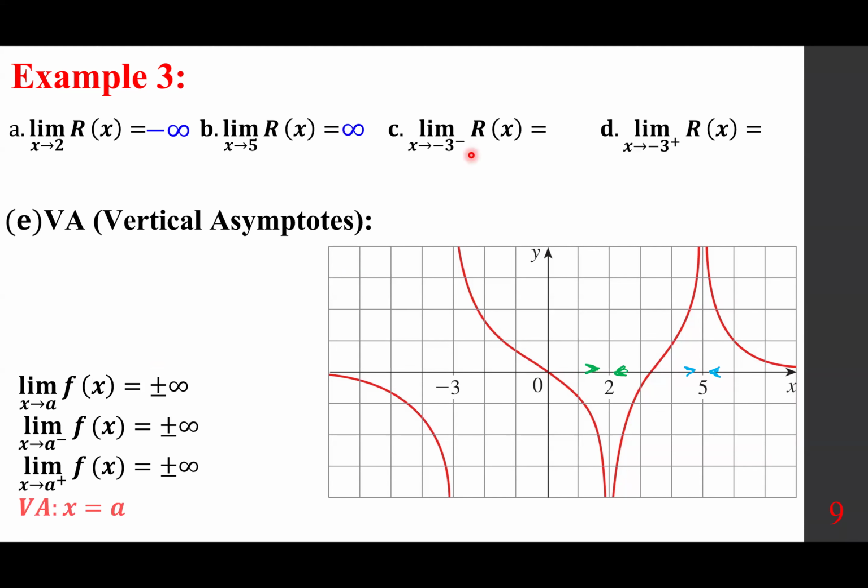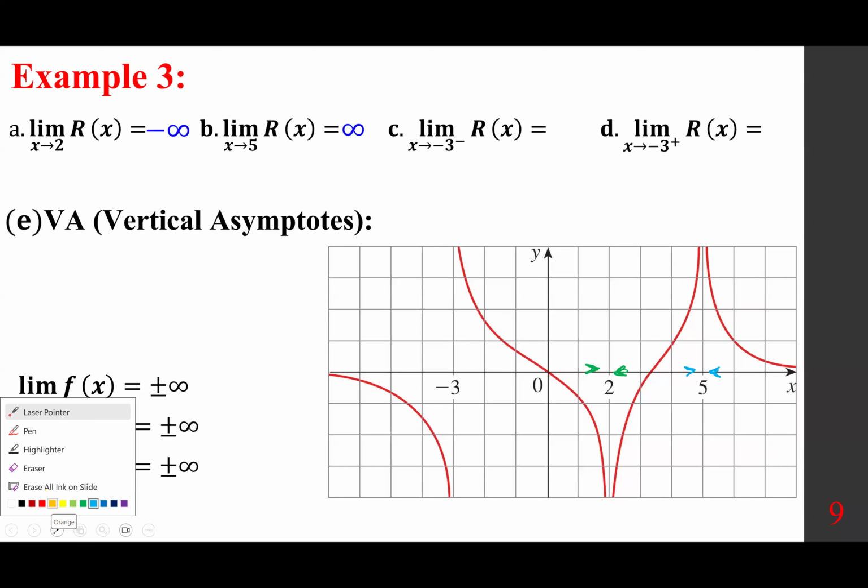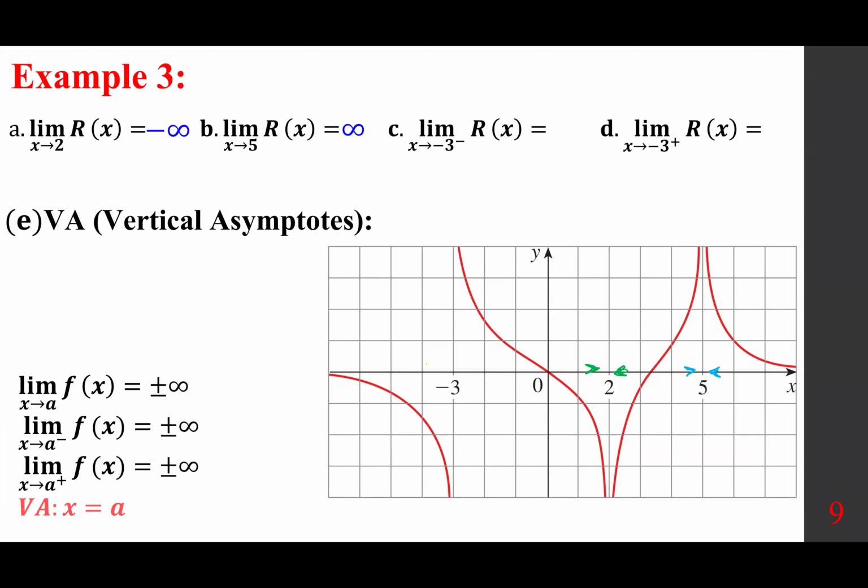Now pay attention to this. I want to make sure we understand what happens. Limit of r of x as x approaches negative 3 from the left. The left of negative 3, like from negative 4, negative 3.5, negative 3.1, negative 3.001.